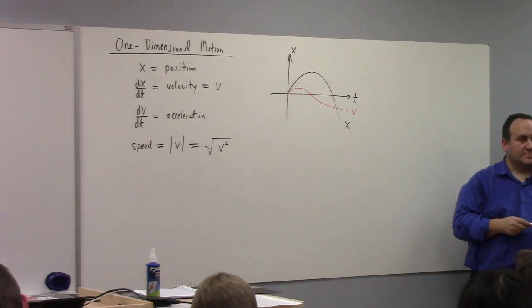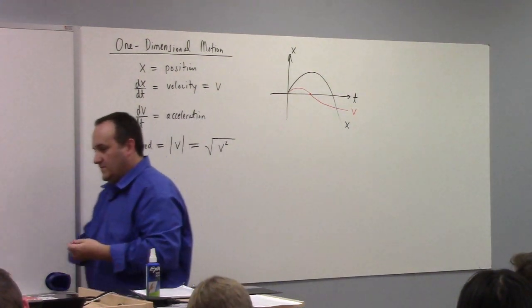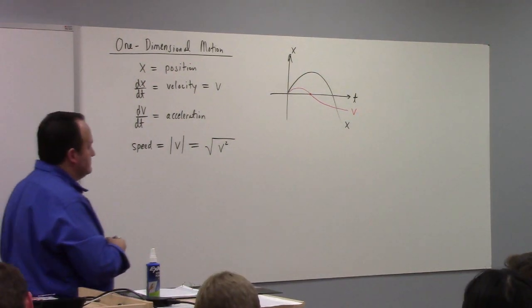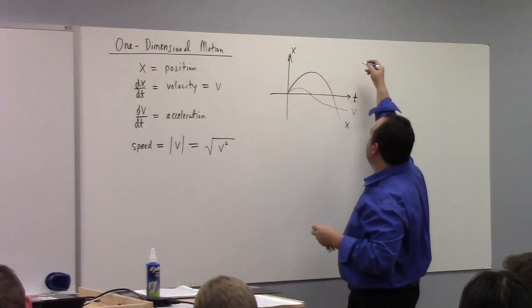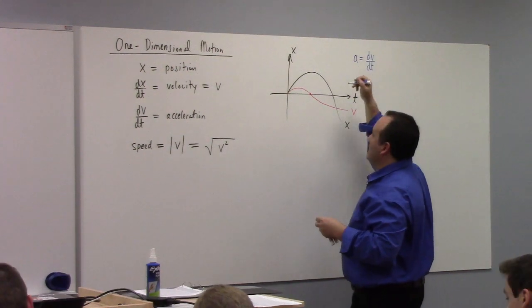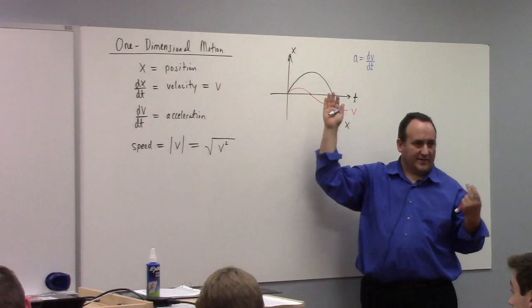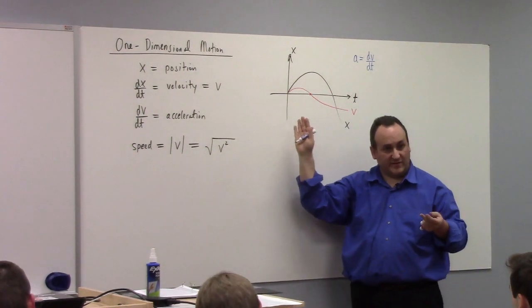What's the acceleration? Acceleration is the derivative of the velocity, right? So what's the graph of that? So remember, acceleration is the change in the velocity with respect to time, right? This is admittedly ambiguous from my graph. I'm just trying to give you the concept; it's not careful enough to be rigorous about where these things go.